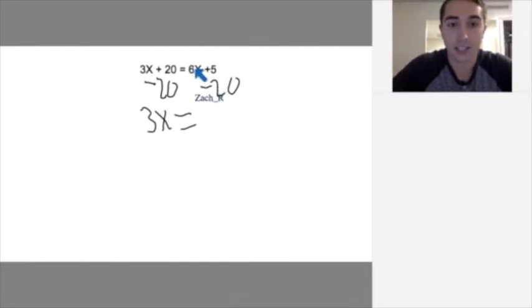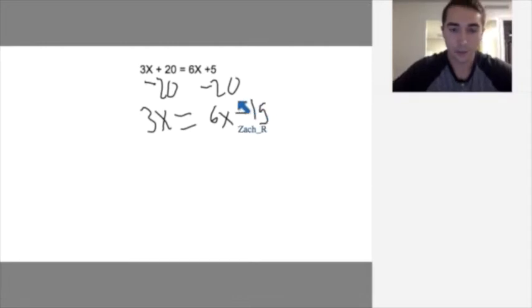Anything not touching the x is what's called a constant, and we subtract those first. So we're taking 20 away from the 5. 5 minus 20 is minus 15, but we still have that 6x originally. So now we have 3x equals 6x minus 15.